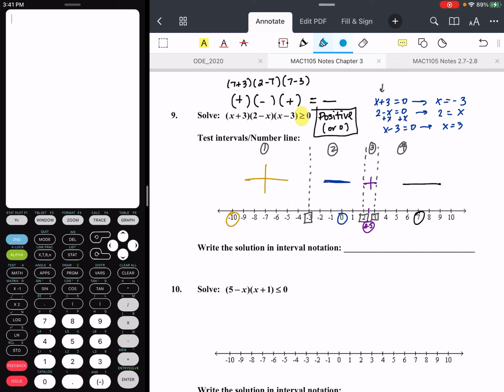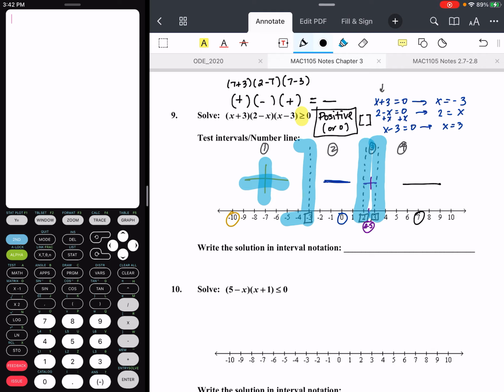And note that I'm going to be using square brackets because it's greater than or equal to. So I'm going to have this portion of my interval, right, where my solutions are positive. And I'm going to have this guy. Oops, sorry, that's really bad. But this guy with the positive also.